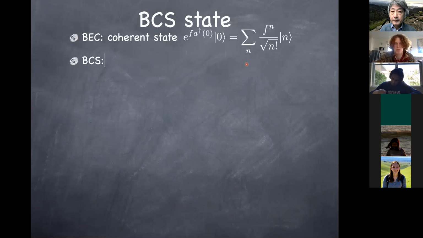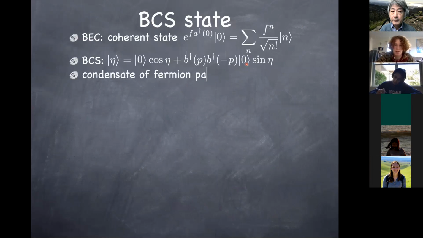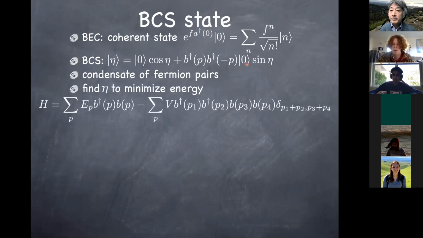Yeah. So when we considered the BEC, we considered that it was a condensate of all the bosons in the p equals 0 state. That's right. But for the BCS and for the condensate of the fermion pairs, each pair is a boson, right? Right. And each pair has to occupy a different momentum state. That's right. Because the fermion cannot occupy more than once in a given p state.